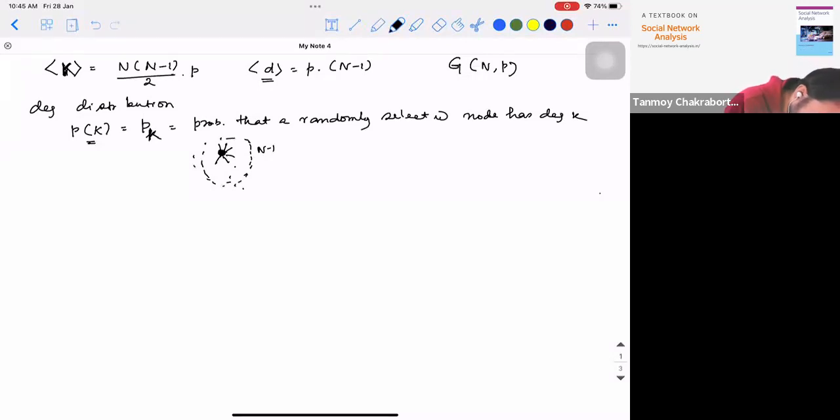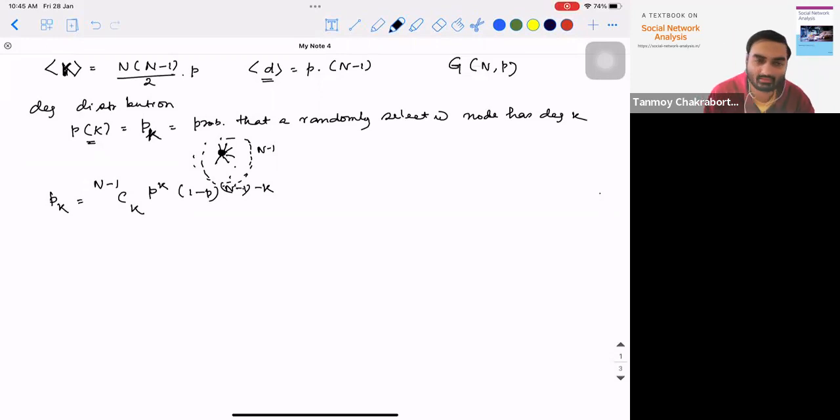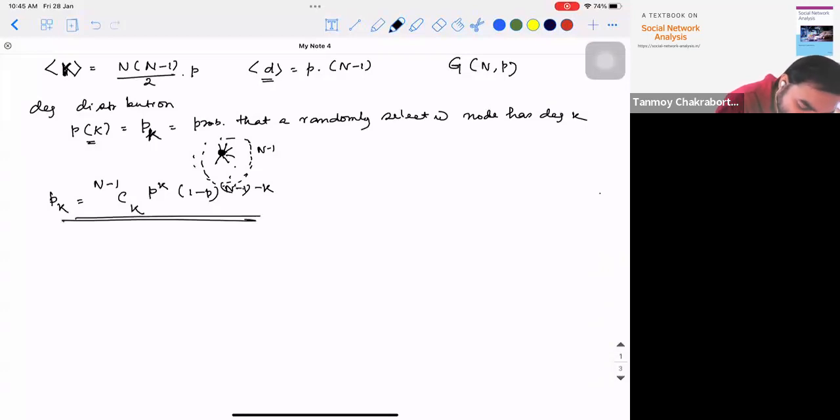And we know that the probability of forming an edge is p. So this is p to the power k, and then 1 minus p to the power n minus 1 minus k. Now this is your pk. Again, a binomial distribution. So this is the distribution.